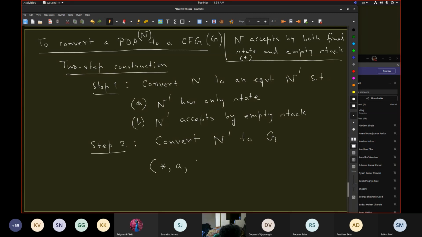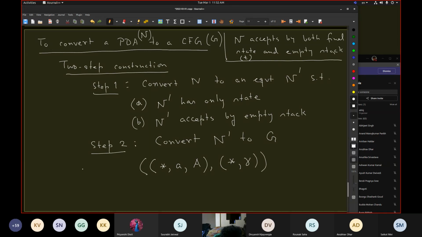A is the input, and A is on the top of the stack. This machine N prime that I am going to design has a stack alphabet completely disjoint from the input alphabet. So A is always different from this A. A may be epsilon also.